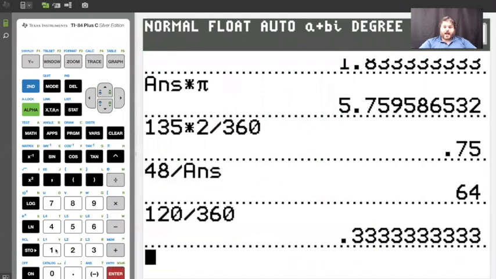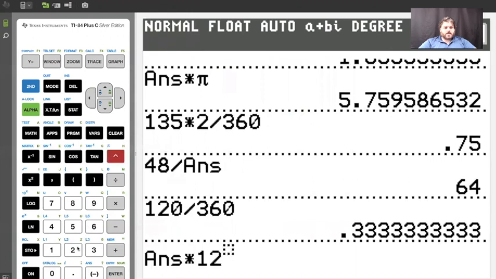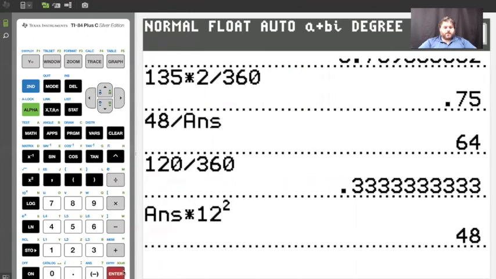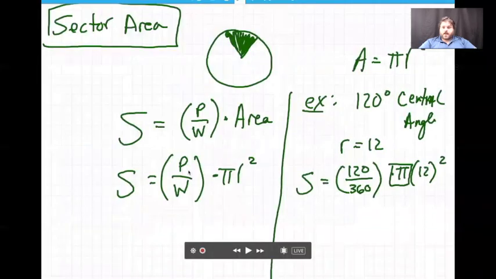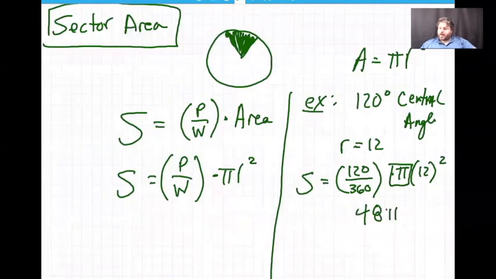That's going to give me the fraction, a third of the circle, times 12 squared. So I'm going to raise that to the second power. That gives me 48. So this should be 48 pi. That's the area of that sector.